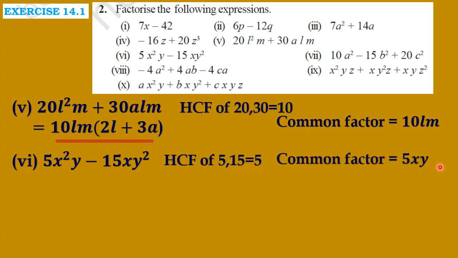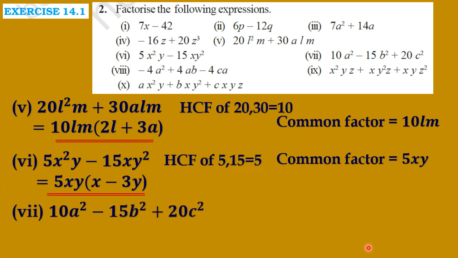So 5xy is the common factor we have to take out. Take it out and put the remaining in the bracket. When 5xy is taken out, x will remain there, minus 5 into 3, 15. So 3x has come out, then y square, 1y is here, so 1y inside. So 5xy into x minus 3y.